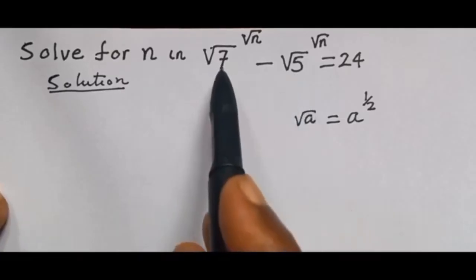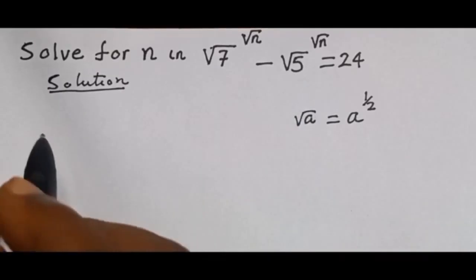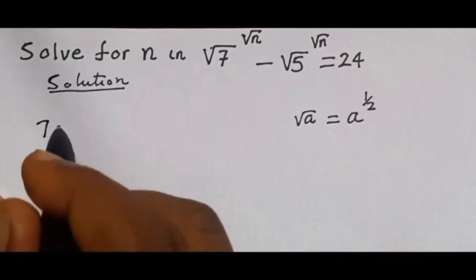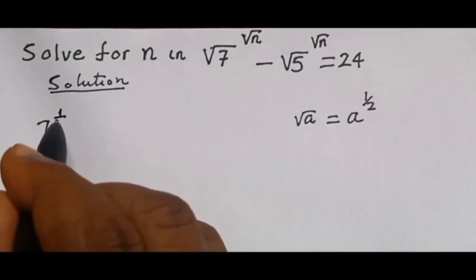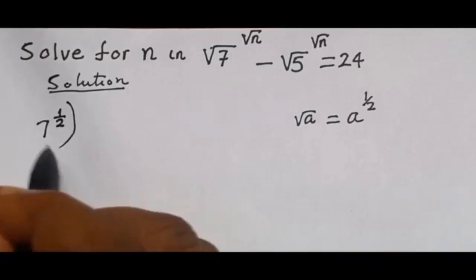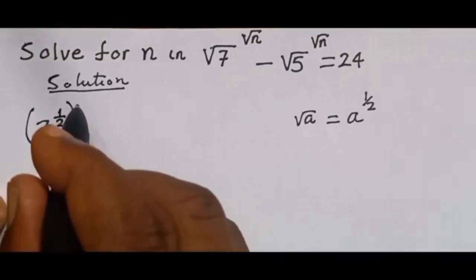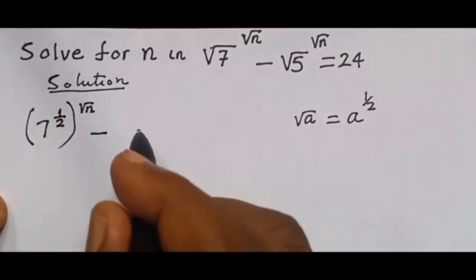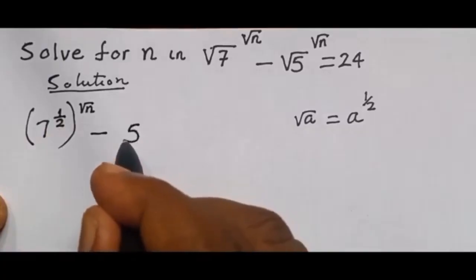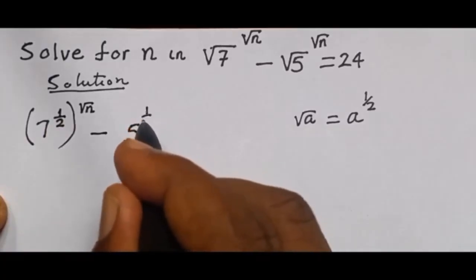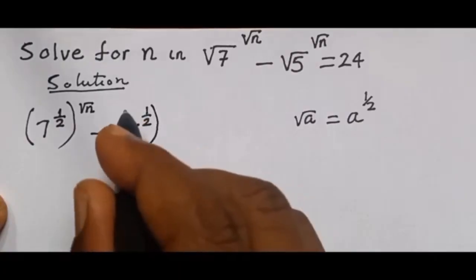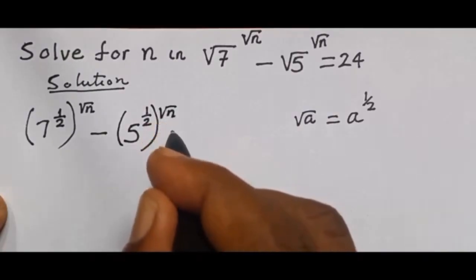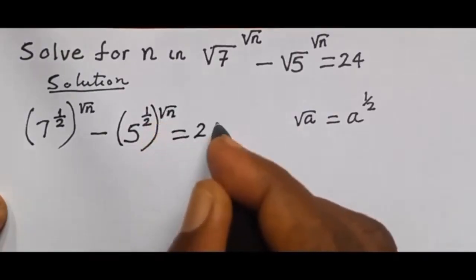So instead of writing root 7 here, let us express it in the form of 7 raised to power a half, in the bracket, raised to radical n, minus 5 raised to power a half, in the bracket, raised to root n, equals 24.